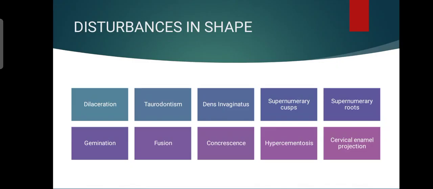The disturbances in shape involve 10 subheadings: dilaceration, taurodontism, dens invaginatus, supernumerary cusp, supernumerary roots, gemination, fusion, concrescence, hypercementosis, and cervical enamel projection.